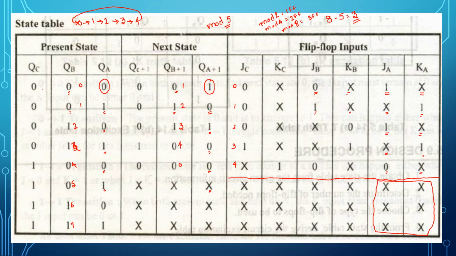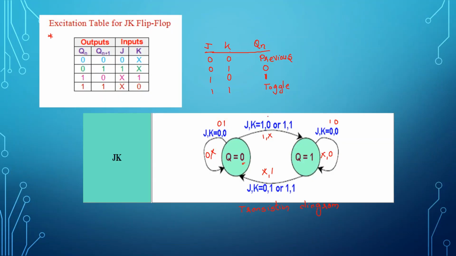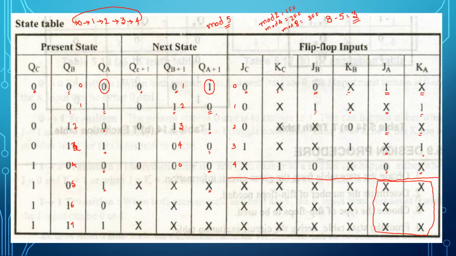Next, you can see for QC. Present state is 0. I want the next state also to be 0 itself, so I can give the input as 0x. See here, you can check. Present state is 0, I want the next state also to be 0, so the input I am giving is 0x. Present state is 0, I want the next state to be 1.